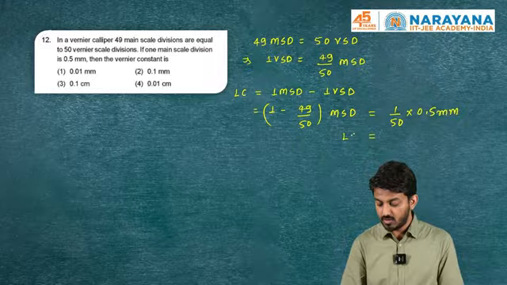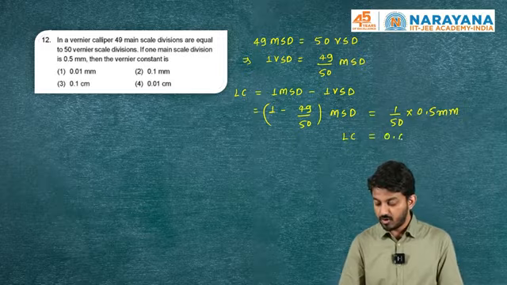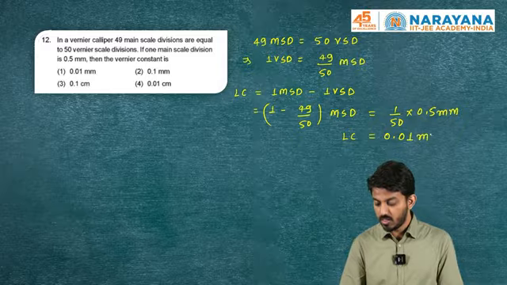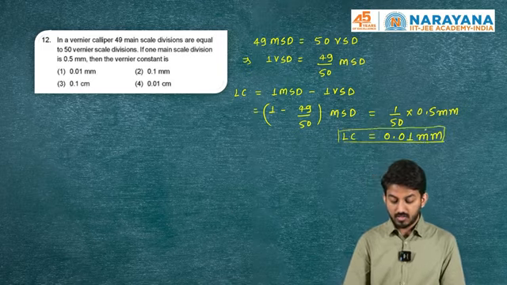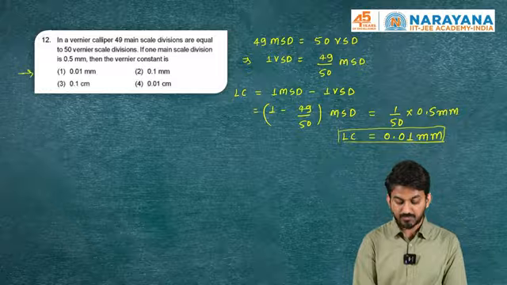So the least count is equal to 0.01 mm, giving us the first option.